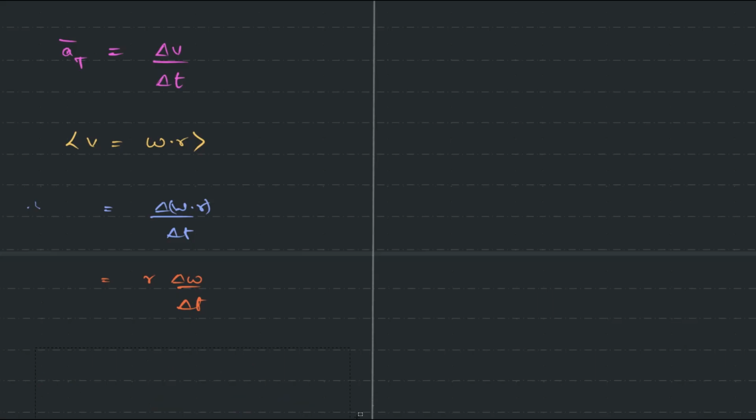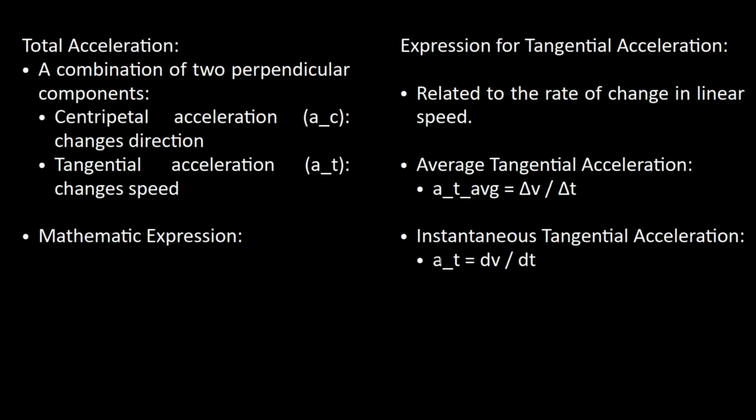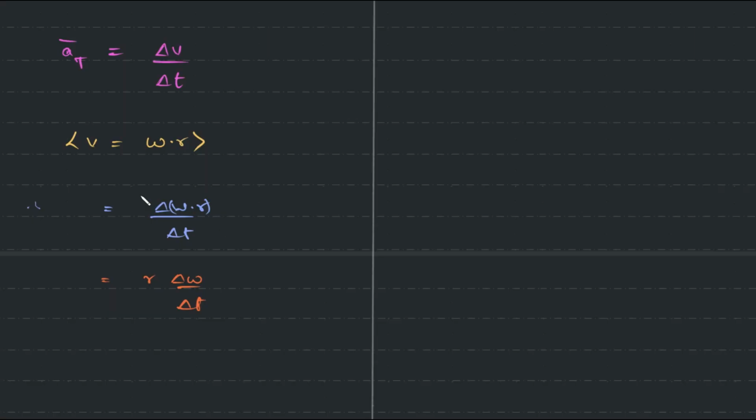Sorry, I need to define this actually before; my sequence is a bit off, my bad. So guys, let me introduce this. Delta omega by delta t you have not yet come across.